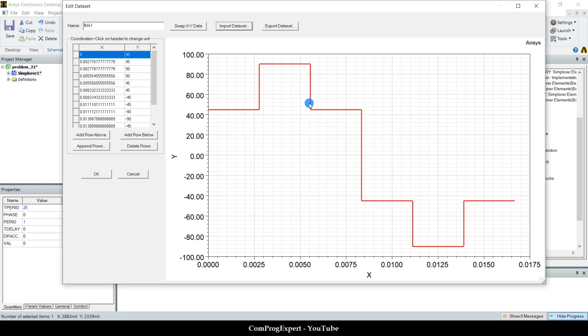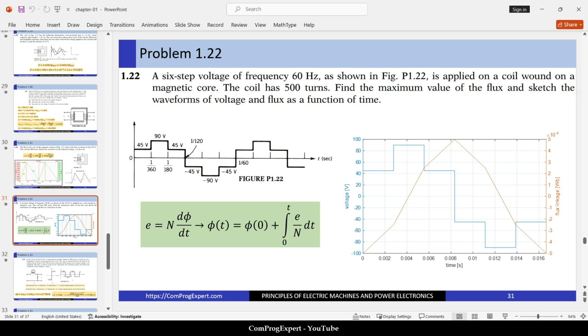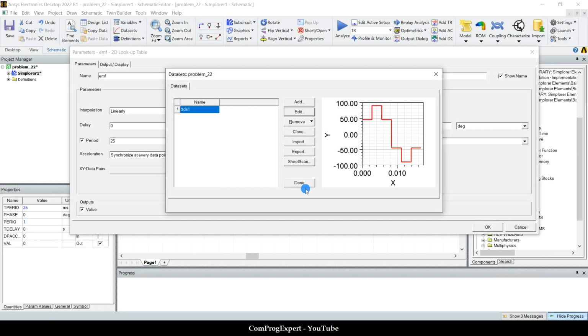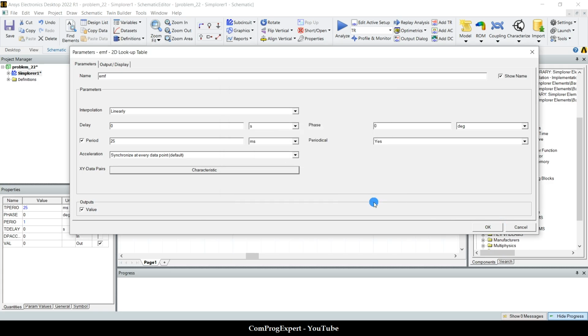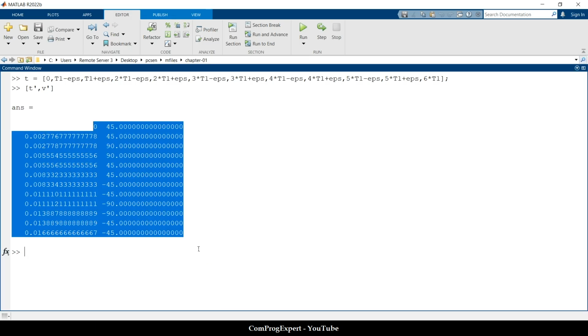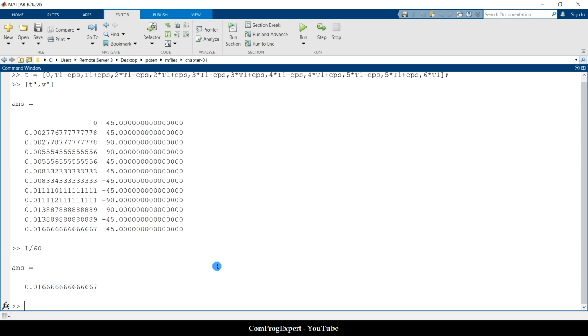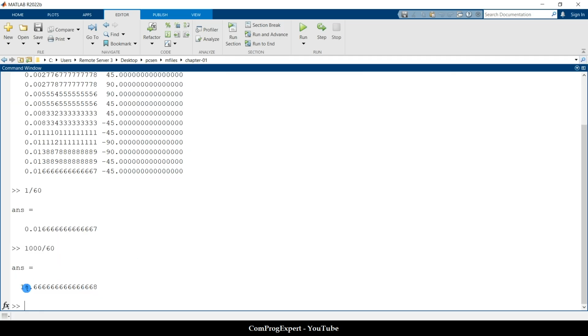Yes, this is the waveform that we have here, 45, 90, and so on. Is this waveform periodic? Yes. What is the period time? The frequency is 60, so the period time is 16.66 millisecond.